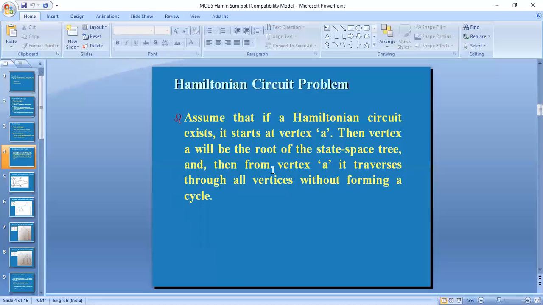The exhaustive search says that you need to generate all the paths, and among the paths you will consider the optimal solution which gives you a minimum value.